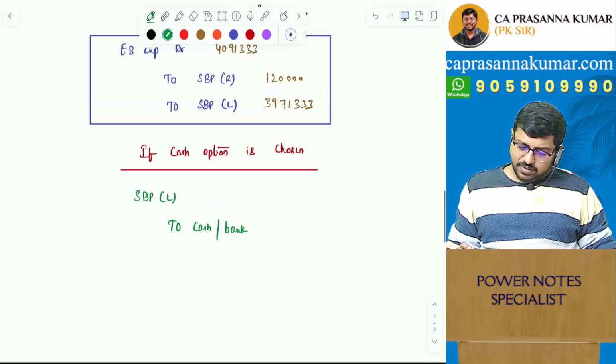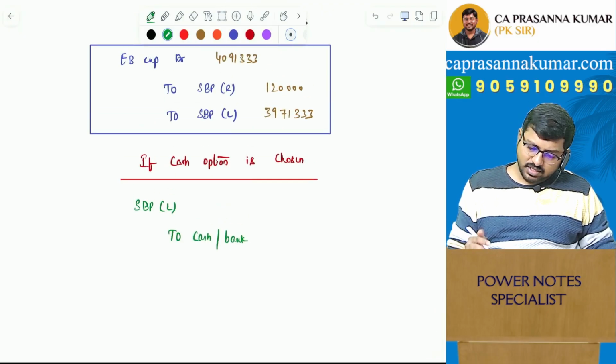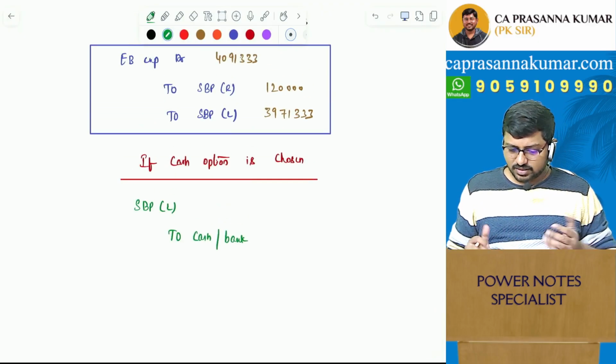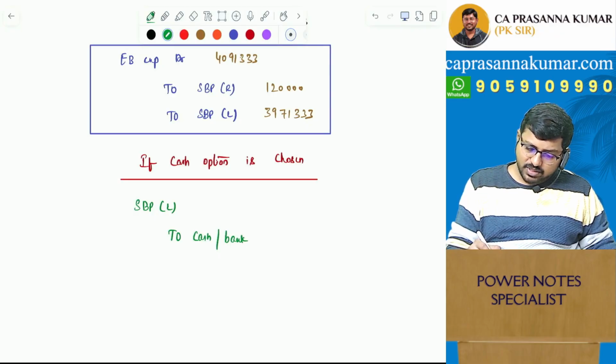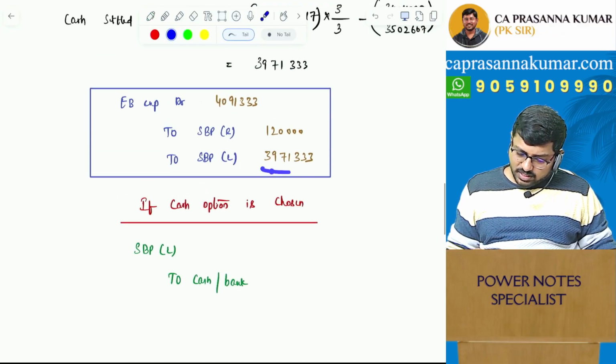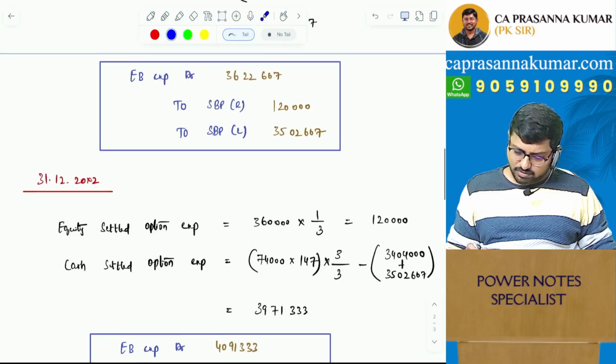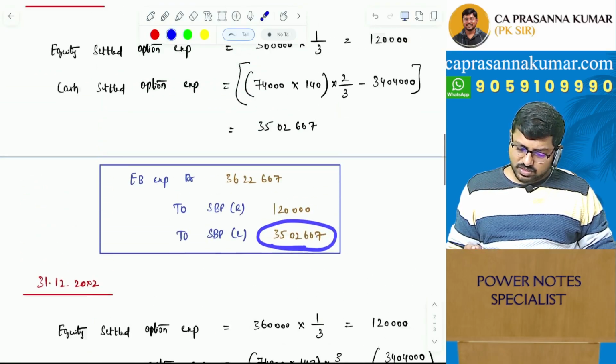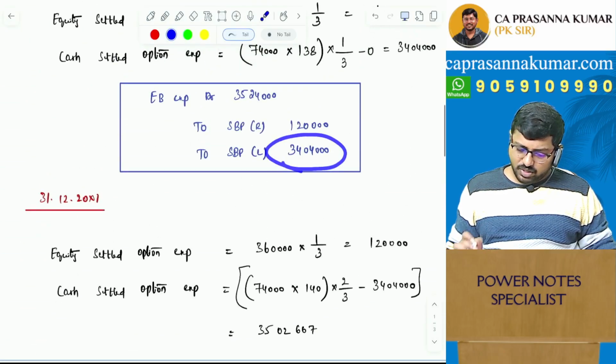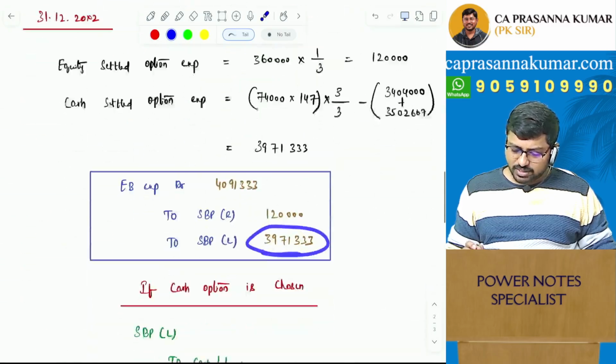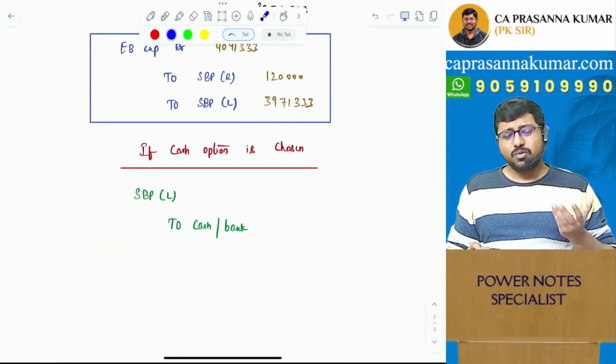There are two ways of calculating this, Nana. I'll give you the usual way as well as the easiest way. Very simple. We'll be starting with this. 39,71,333 plus 35 lakh 2,667 plus 34 lakh 4,000. You add that, you'll get a number. That is the SBP liability that we have created, which is obvious.